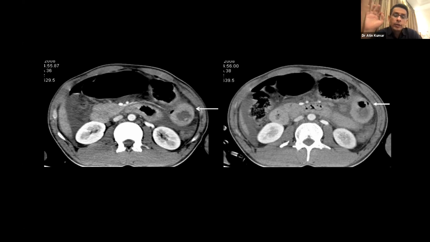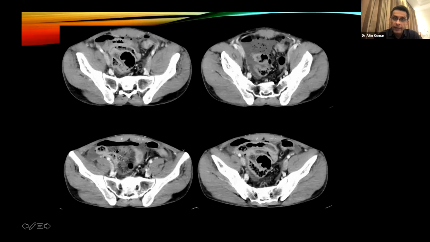Even if we are not able to specifically tell which part of the bowel is injured, it's fine. We need not. Even if we just say there is pneumoperitoneum, with clinical signs, the patients will be operated. However, if we specify, it's good. Like in this case, we do see a mesenteric injury also. There is a mesenteric hematoma. There are focal patches of air adjacent to one of the lower ileal loops here.